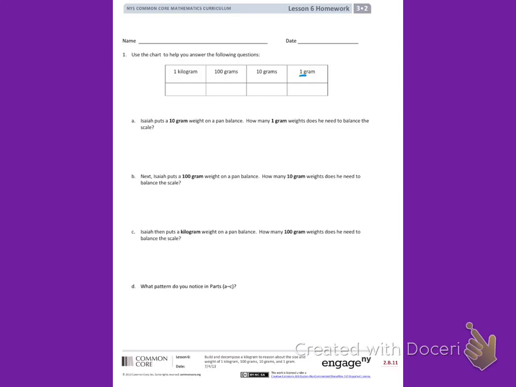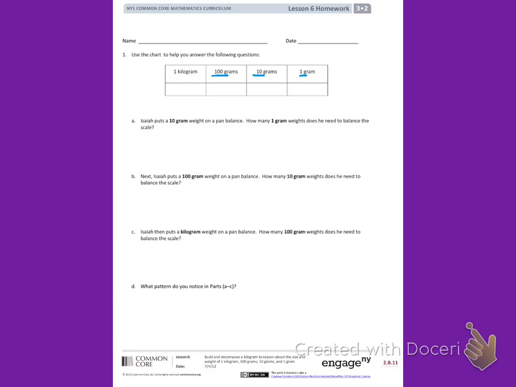There are ones, tens, and hundreds, just like we've studied before. So if Isaiah used a 10-gram weight on a pan balance, on the other side of the balance, he would need to use a certain amount of 1-gram weights in order to make the pan balance even.